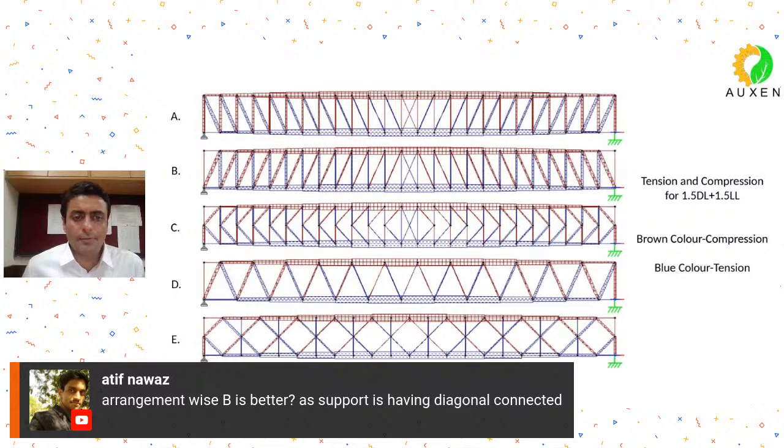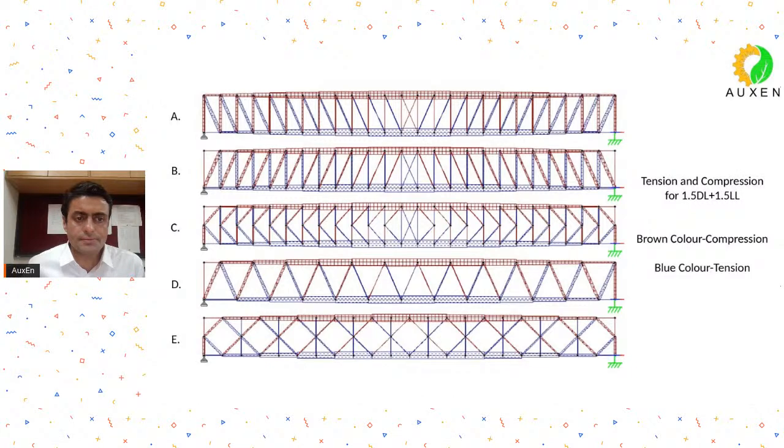So there is always going to be a problem of load reversals in A and B. If you see types C and E, there is not much issue of load reversals, because even if there is load reversal, you have similarly long chords and similarly long diagonals to take the compression or the tension.